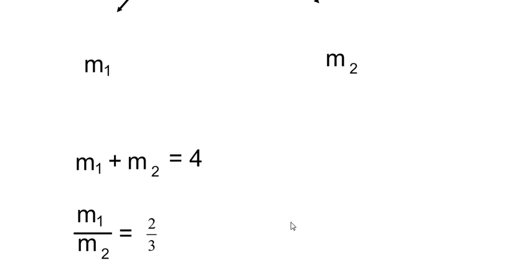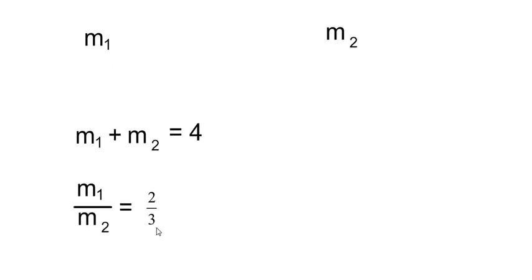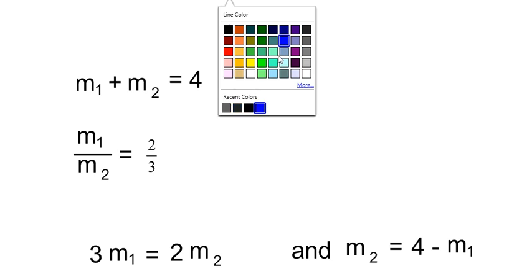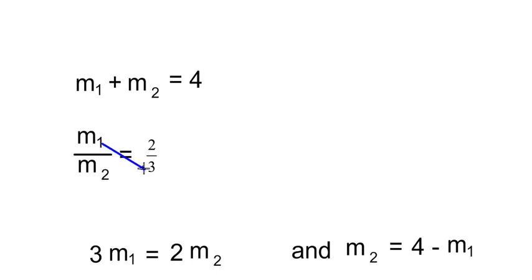So this proportion gives us that 3 M1, multiplying M1 by 3, is equal to M2 multiplied by 2.